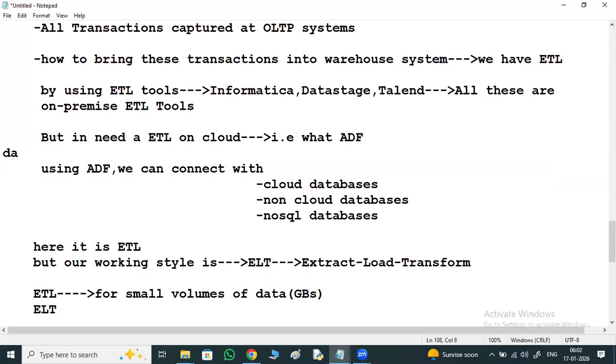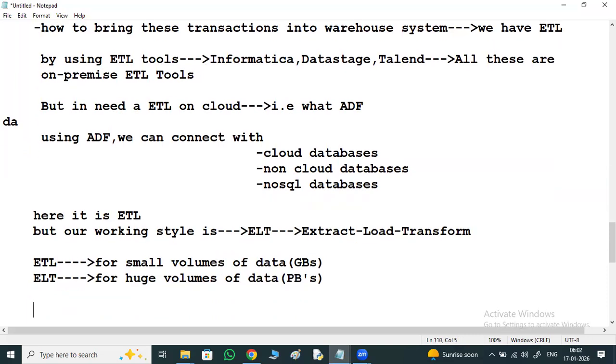ELT is for huge volumes of data, in petabytes.